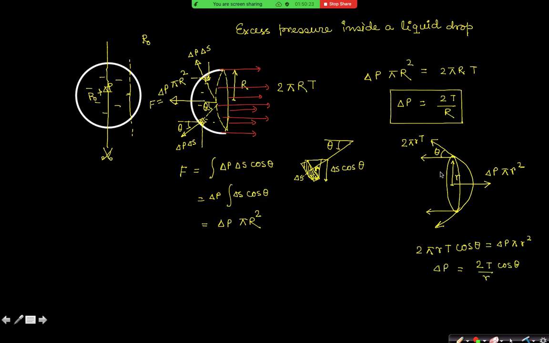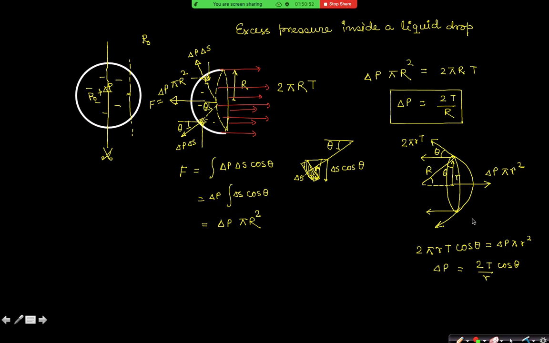Right? But again, if you draw the exact figure, this is the radius R. If this angle is theta, then this is 90 degrees. I think this angle will be theta, or 90 minus theta. So this angle is theta, right? Yes, sir. So capital R cos theta equals small r.